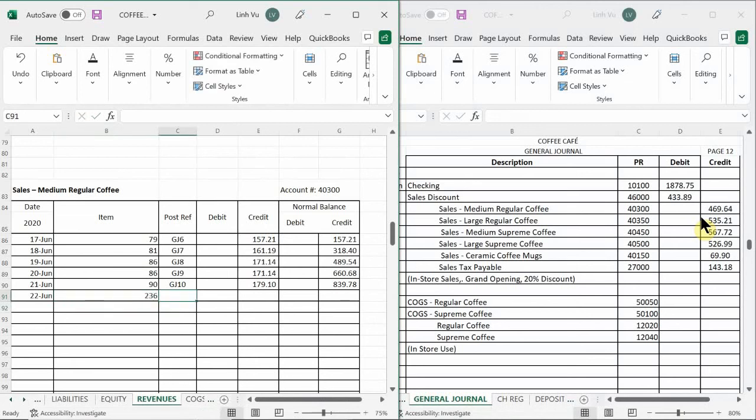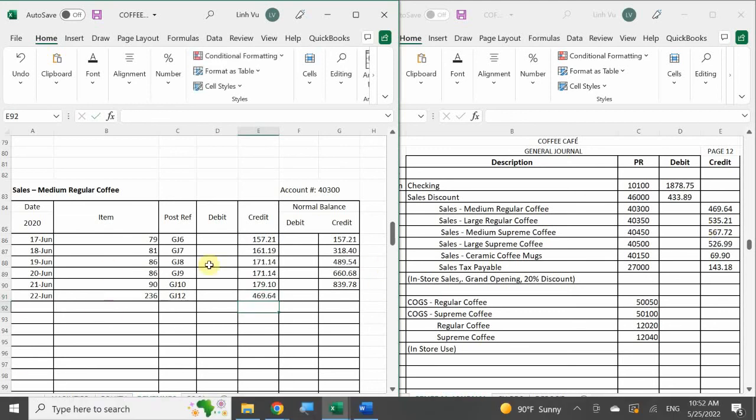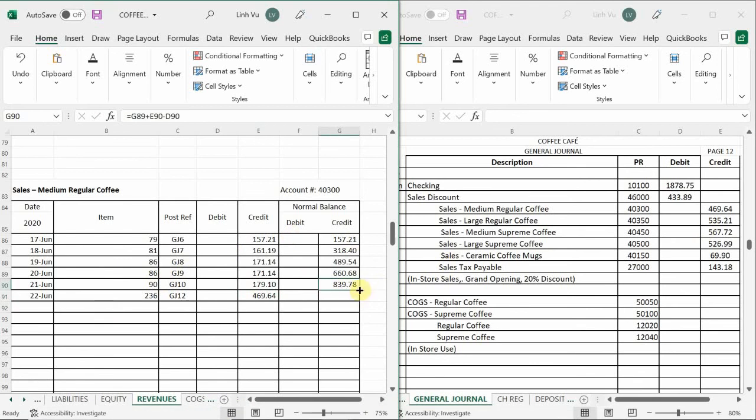Which gave me a grand total of $469.64. Okay. And that gave me a grand total of $1,309.42.